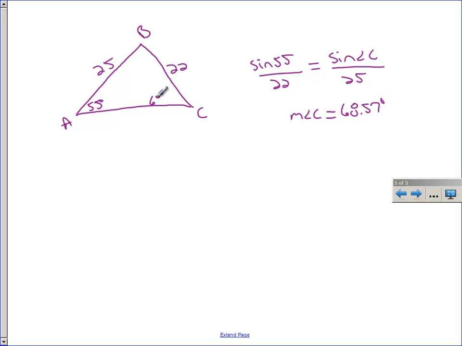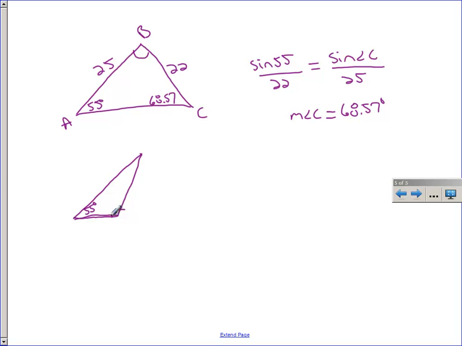You put 68.57 here. You go ahead and do 180 minus 55 minus 68.57 to find this missing angle B. Go through the law of sines to find the missing side, and you've got that one solution. But then you have to check, is it possible that that 22 cut back in instead of going out to the right to make an obtuse angle?